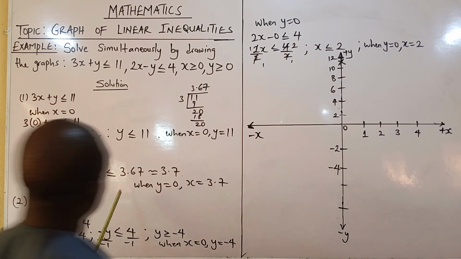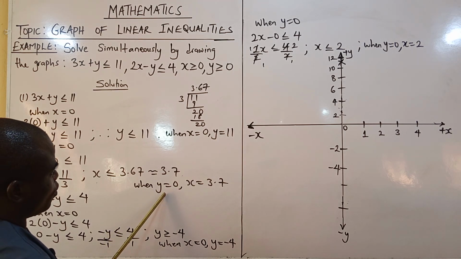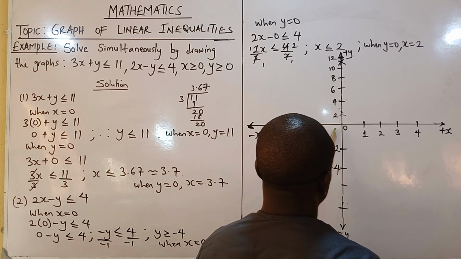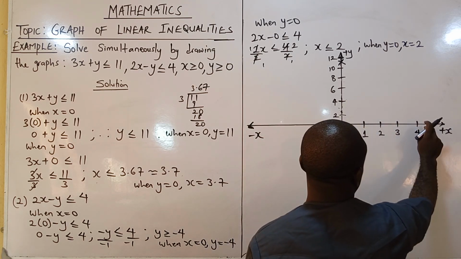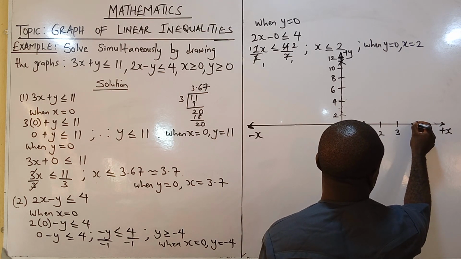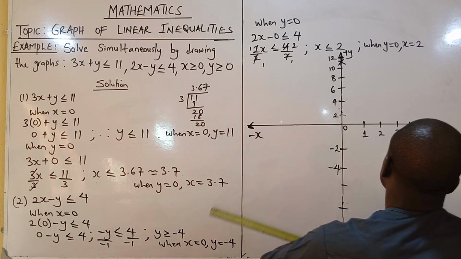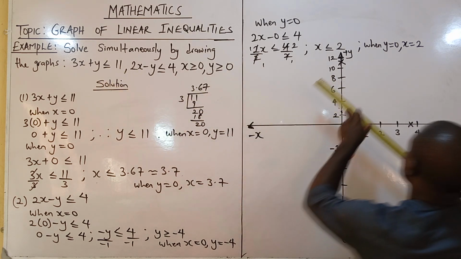And when y is 0, x is 3.7, the same point. You trace it to where we have 3.7 positive on this side. 3.7. Now use thick line because it is less or equals to.